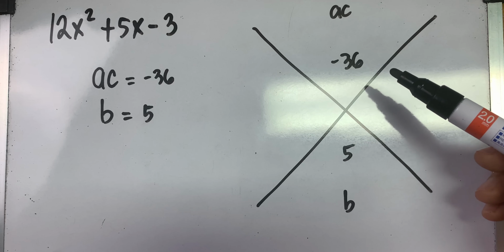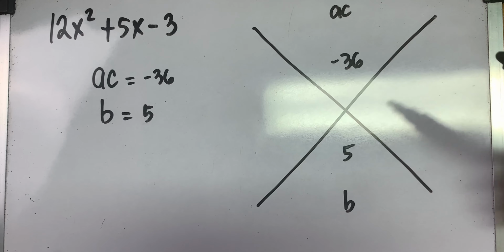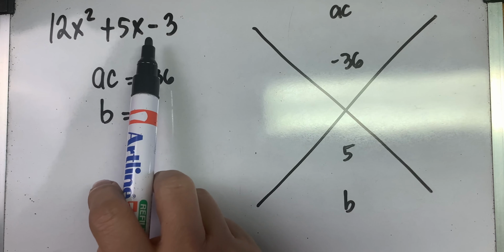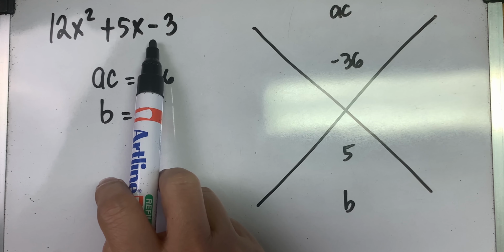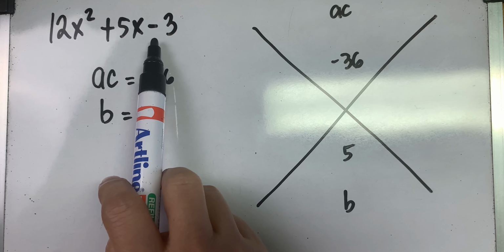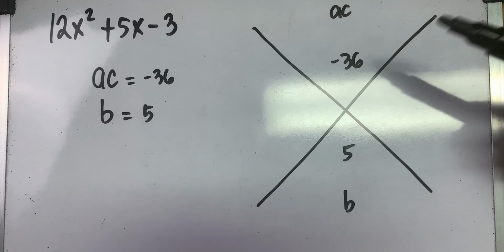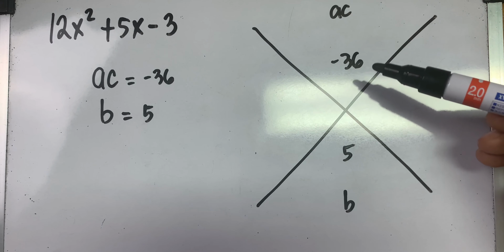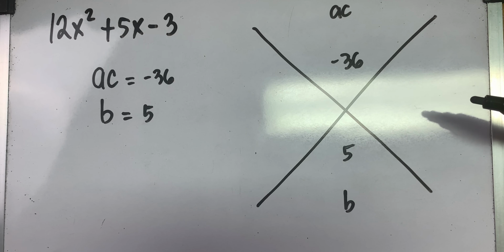Okay, hanap tayo ng dalawang numbers. But again, tingnan muna natin yung sign. Yung sign ng last term is negative at yung sign ng middle term is positive. Now, kapag ang sign ng last term is negative, ang dalawang numbers na hanapin nating factors is isang negative at isang positive.